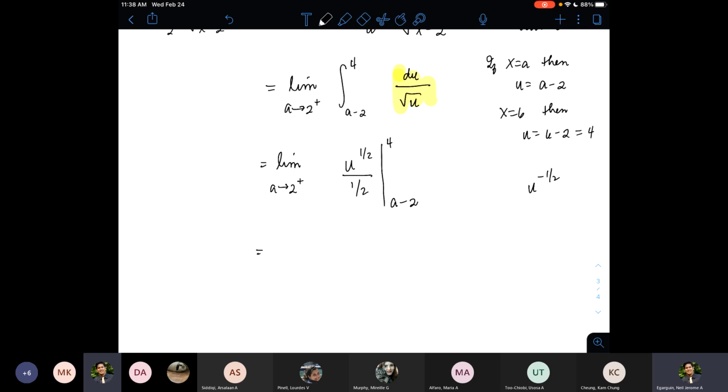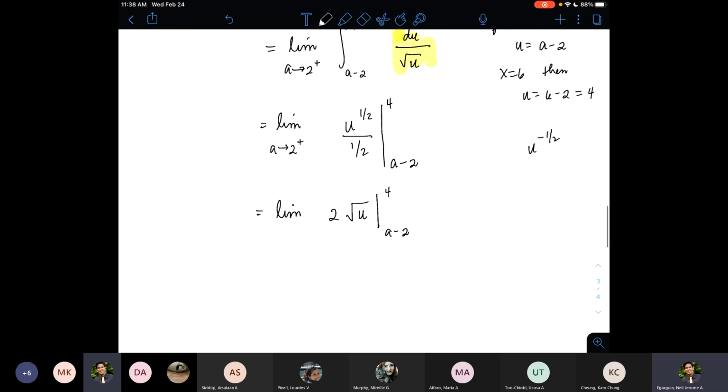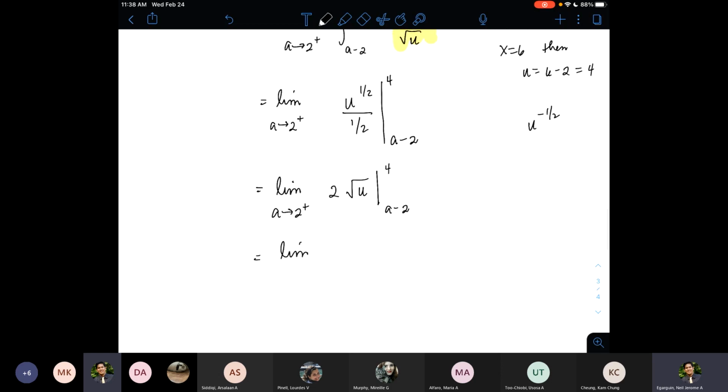I'll simplify it as 2 root of u, evaluated from a minus 2 to 4, as a approaches 2 from the right. Then I plug in the upper bound and then the lower bound. So I'll have 2 times root of 4 minus root of a minus 2.